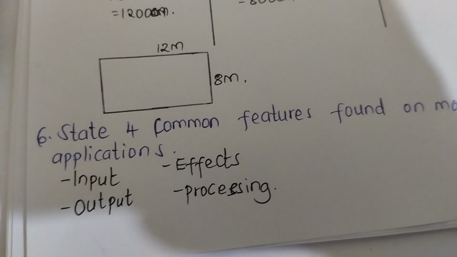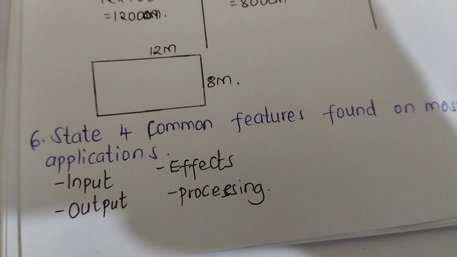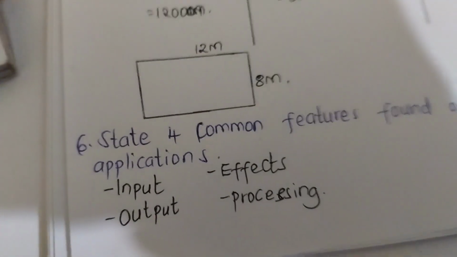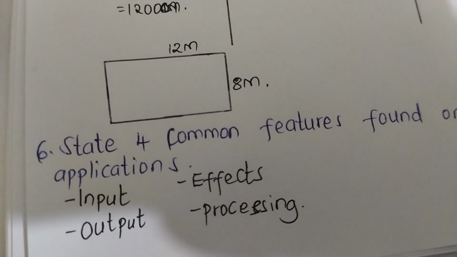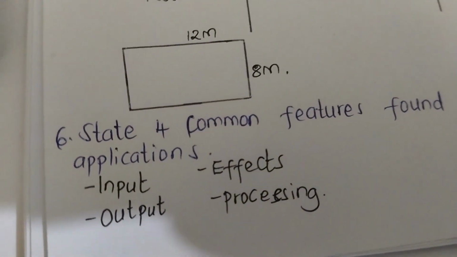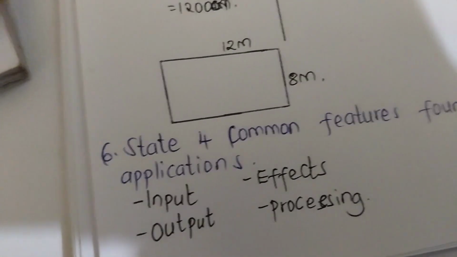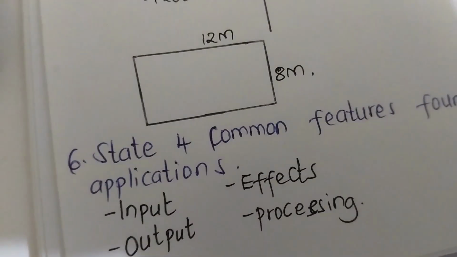In visual programming, users can provide the input through different methods, such as typing a text, moving the mouse, pressing buttons, or touching the screen. Then we've got the second one, which is processing.